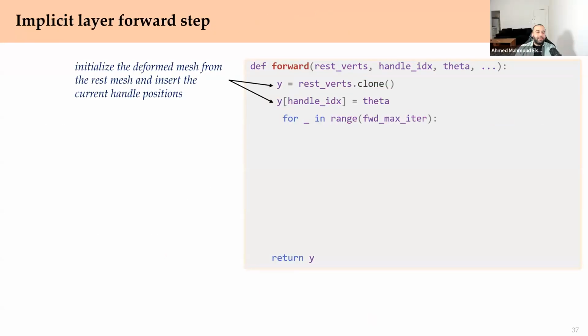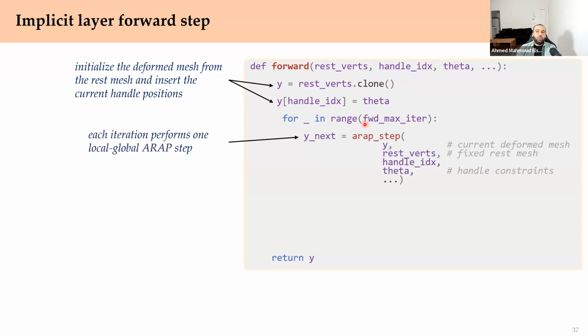All right, so here is how the forward path for our custom layer would look. So first, we initialize the deformed mesh as a copy of the rest mesh, and we drop in the control handle in place. And then for a certain number of iterations, we're gonna call the ARAP step.